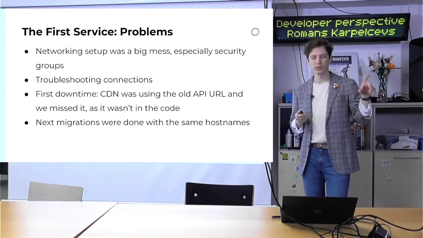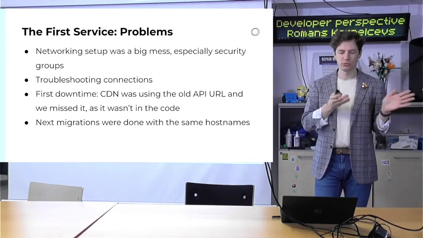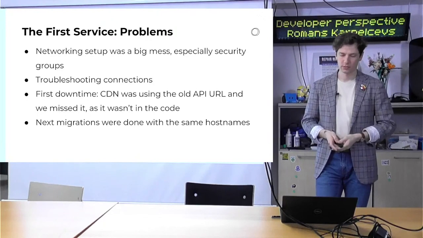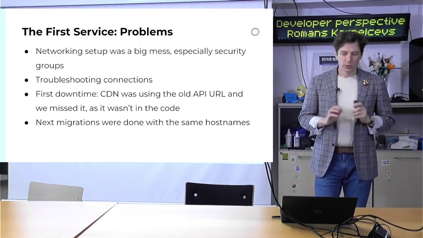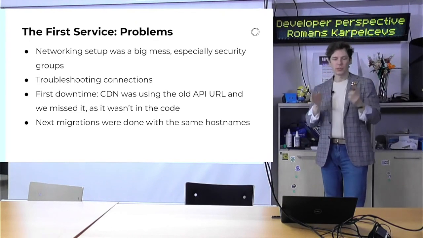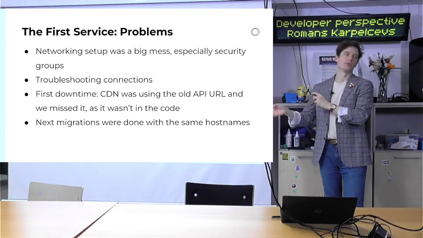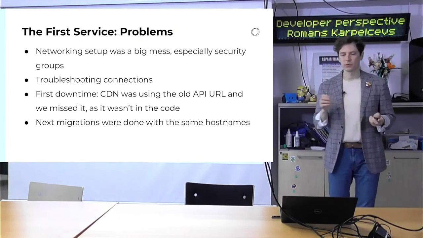Just removing a CNAME record in AWS was enough to channel the traffic to Kubernetes. So the first service was done. It was working, the website was served from there, and in turn this service communicated with all the older infra and a bunch of services there.